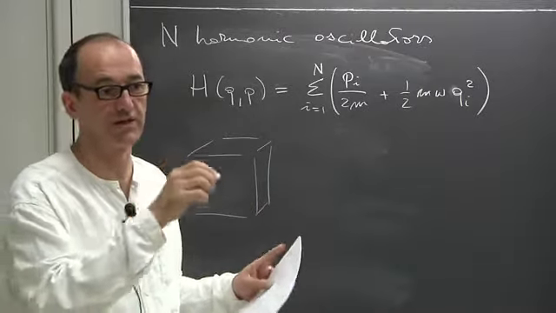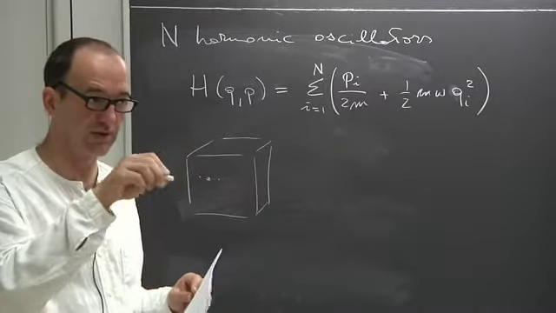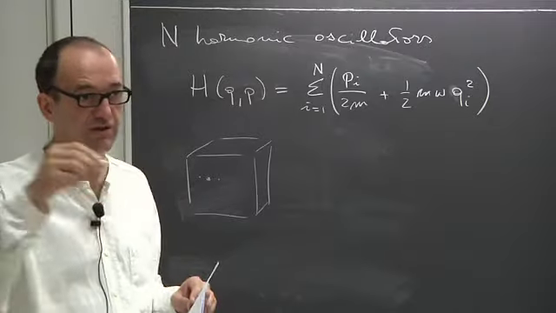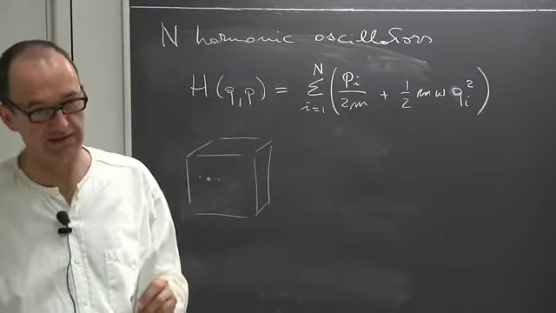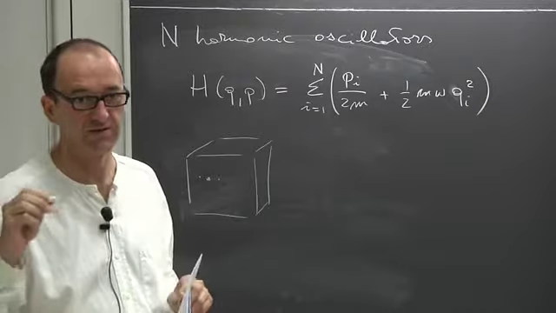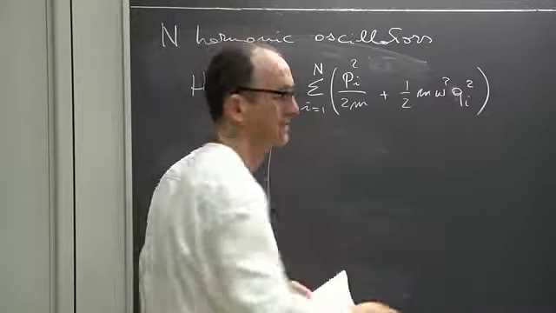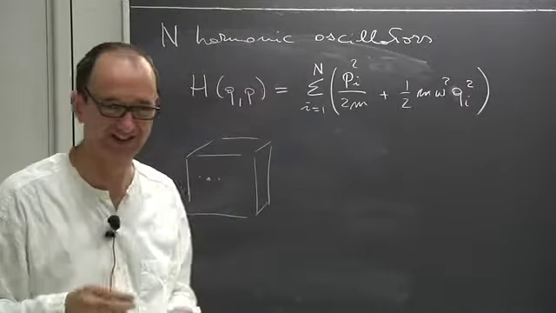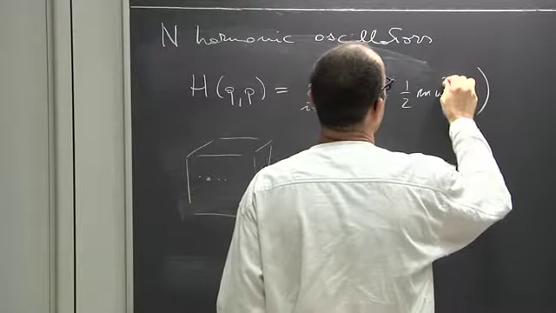So an atom will oscillate around this position in a way which is completely independent of what the neighbors do. Okay, this is not realistic. I forgot a couple of squares in the pi squared and omega squared. Thanks.